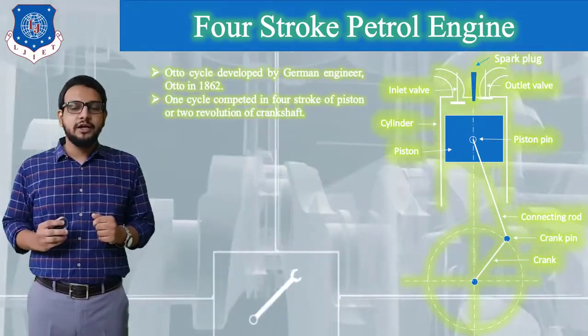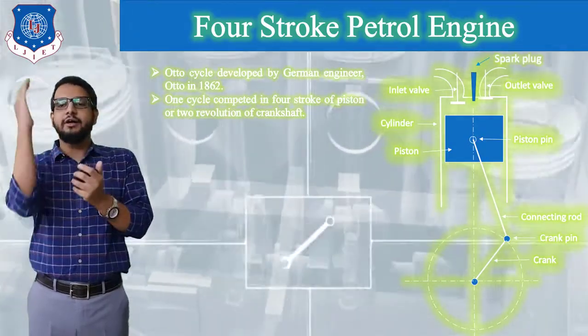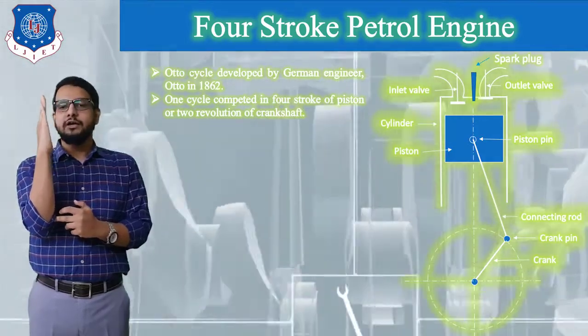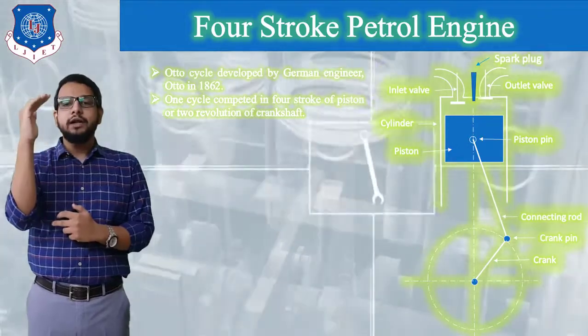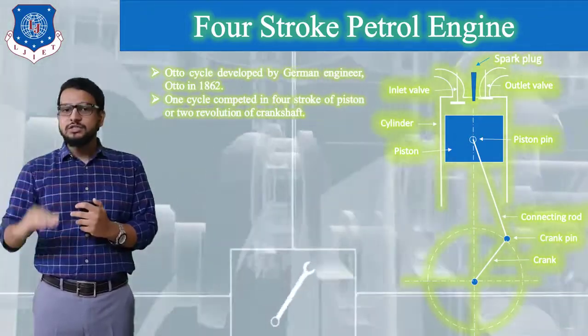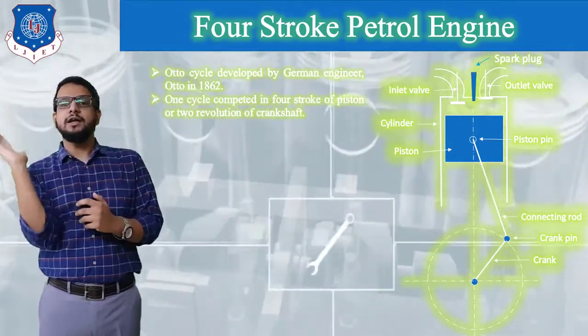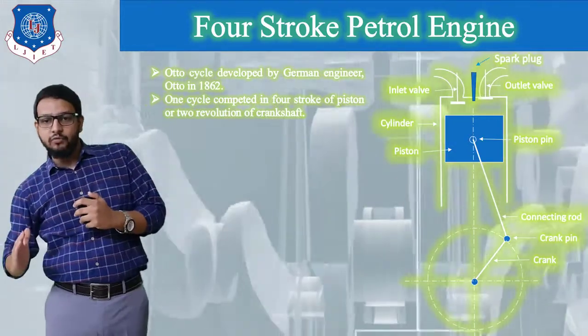If we consider a case when the piston is at its top dead center position, at that time the crank will be completely vertical, along with that the connecting rod will also be vertical, as you can see in the diagram. When it moves from TDC towards BDC, the crank will perform a 180-degree rotation, and the connecting rod will come in a downward direction.